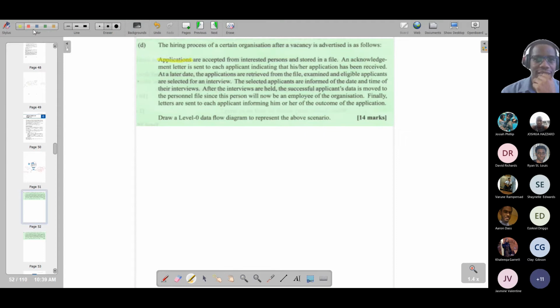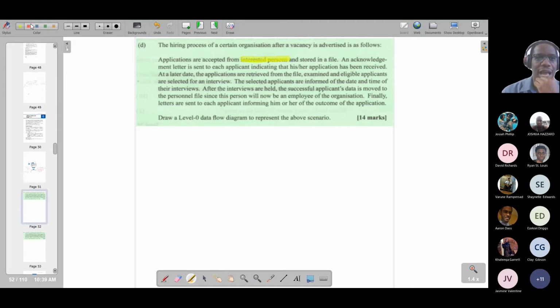Our entities are in yellow, and maybe the data that they're putting into the system and the data coming out of the system could be in red and blue respectively. So what information is being put into the system? Let me make this yellow. Interested persons is yellow.